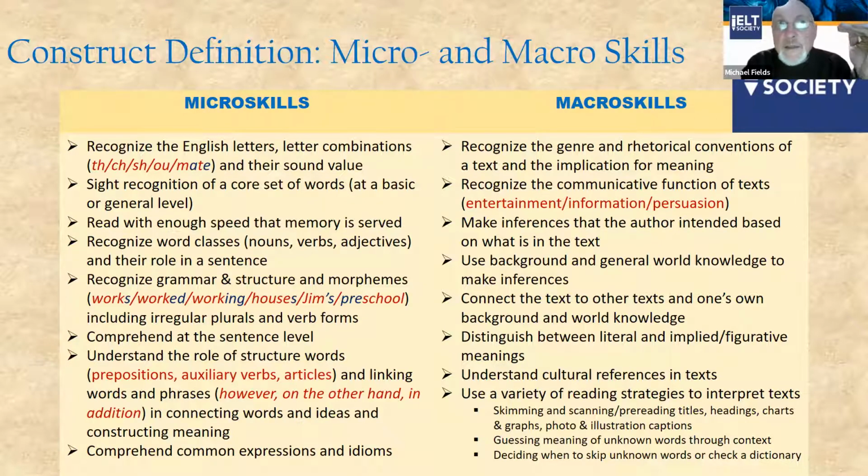But I think ultimately, when we talk about reading, we're talking about constructing meaning in the mind of the learner or the test taker. Actually, construction of meaning is a learning outcome, but measuring that construction of meaning would be the testing outcome, right? So all of these things mentioned here under the micro skills might be a grammatical element, but I don't want to suggest that we're only trying to test grammar.